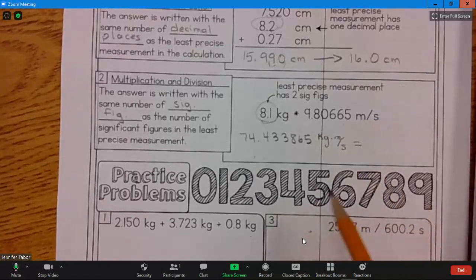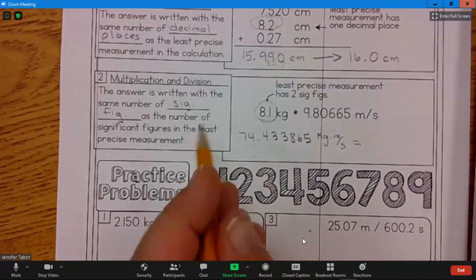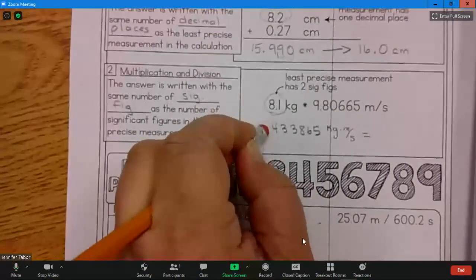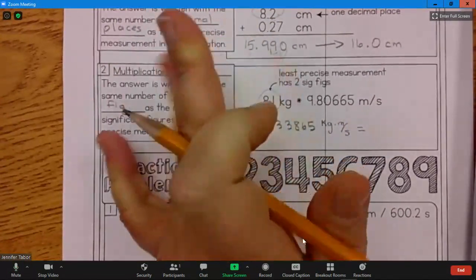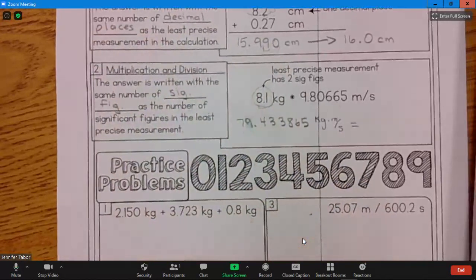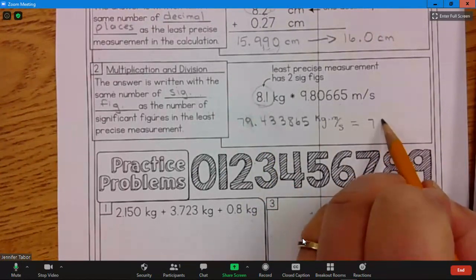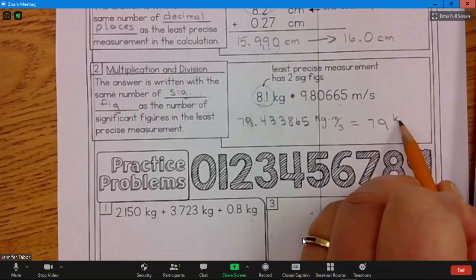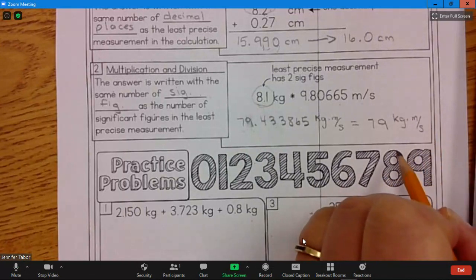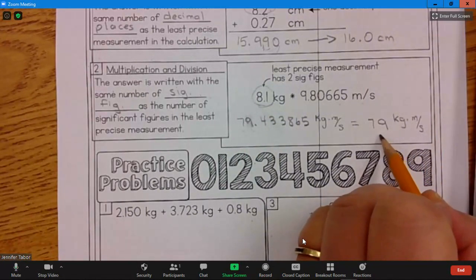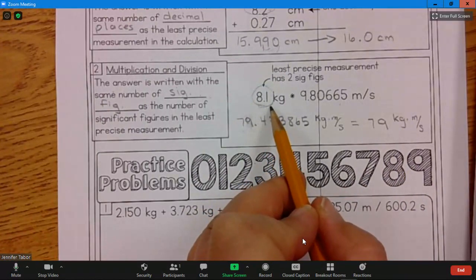So I got to round my answer so it only has two significant figures. Y'all, I hope you're doing your math with me, because it's actually 79, not 74. I hope you're at home yelling that I did the math wrong. Anyway, so two significant figures. So my answer, 79 kilograms times meters per second. Rounded to two significant figures, because this number has two significant figures.